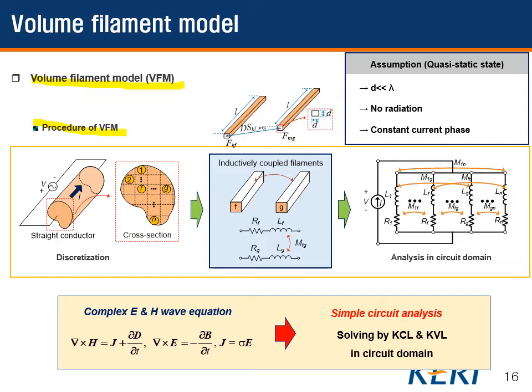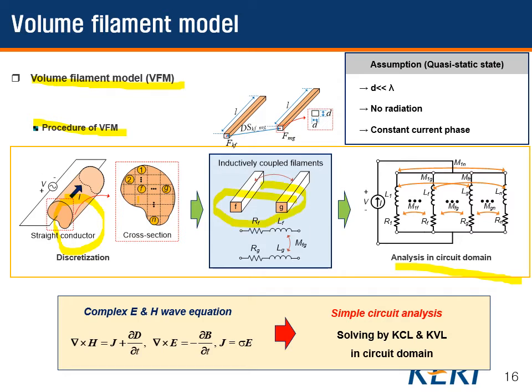The main concept of the volume filament model is to solve the problem in the circuit domain, not solving the Maxwell equations directly. Let's think of a straight conductor with an arbitrary cross-section. The conductor is discretized as shown here. Here are two filament wires of a square cross-section.